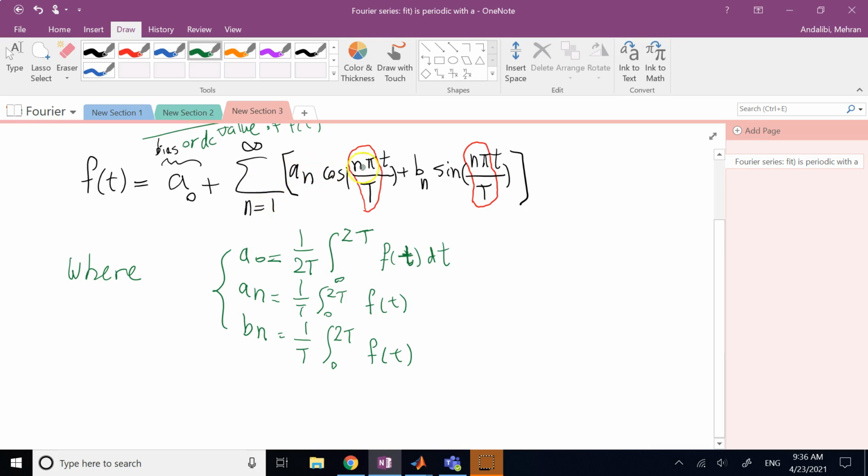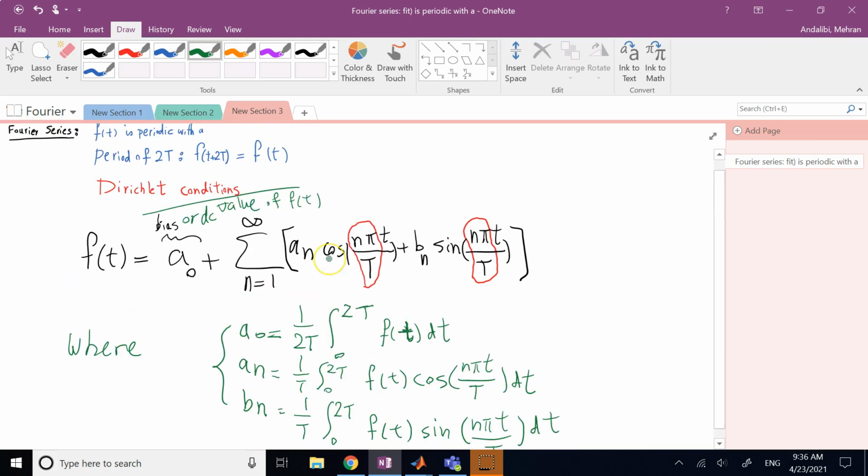An was multiplied by cosine, so here f of t is multiplied by the same term, cosine of n pi t over cap t dt. And this is sine of n pi t over cap t dt. So these are the coefficients a naught, an, and bn.